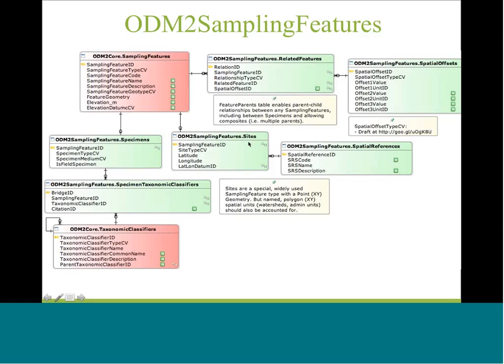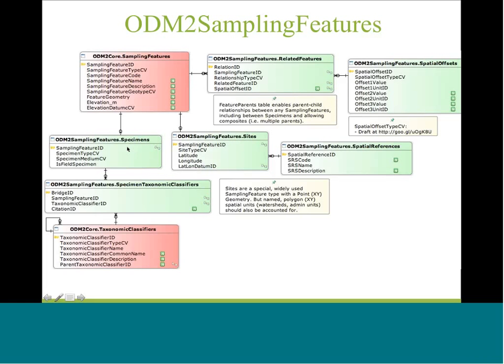So it basically sits under the site in its hierarchy and would therefore have the same latitude and longitude of the site. And so the specimen's information about where it's located on the Earth is actually embedded in the site, which is the parent sampling feature.